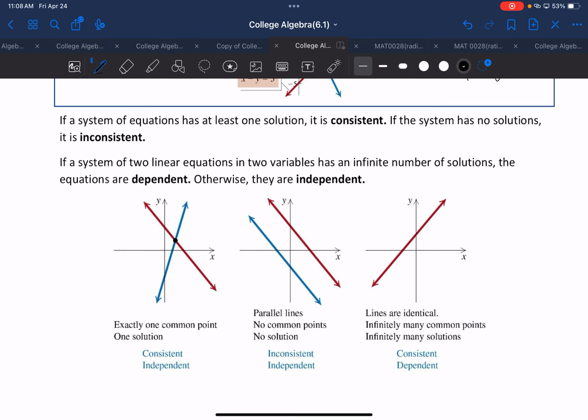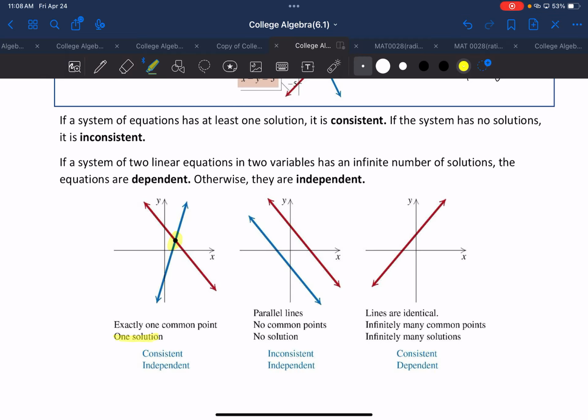So there's 3 different cases for these systems of linear equations. The first one we just saw in this example here, where they intersect. This is a different 2 lines, but it's still that same case. If they intersect at one single point, then the solution is just one point.